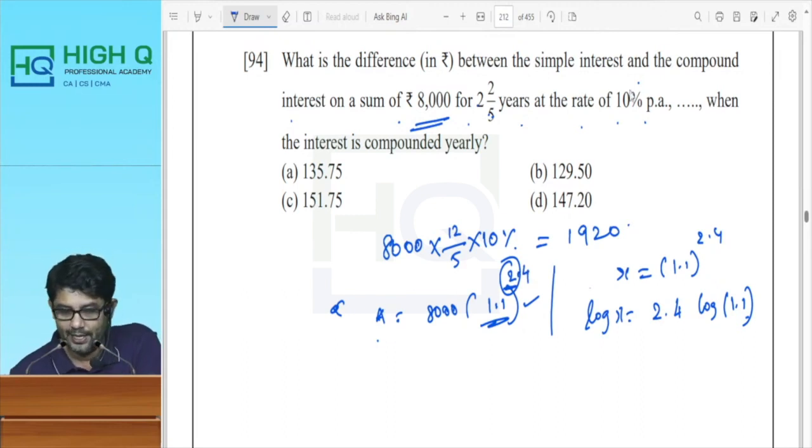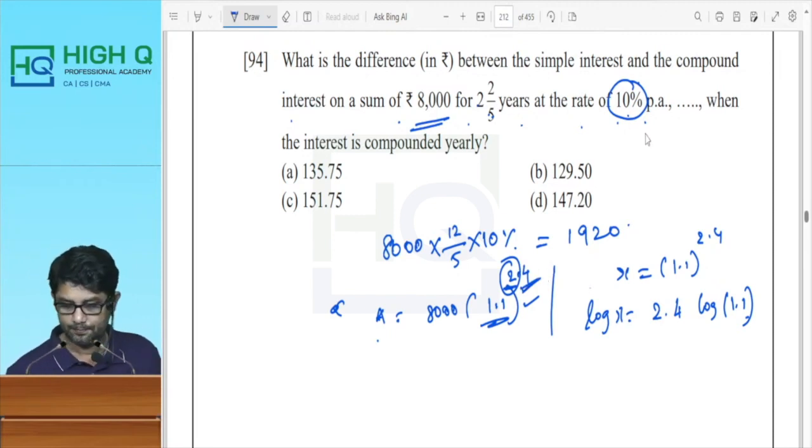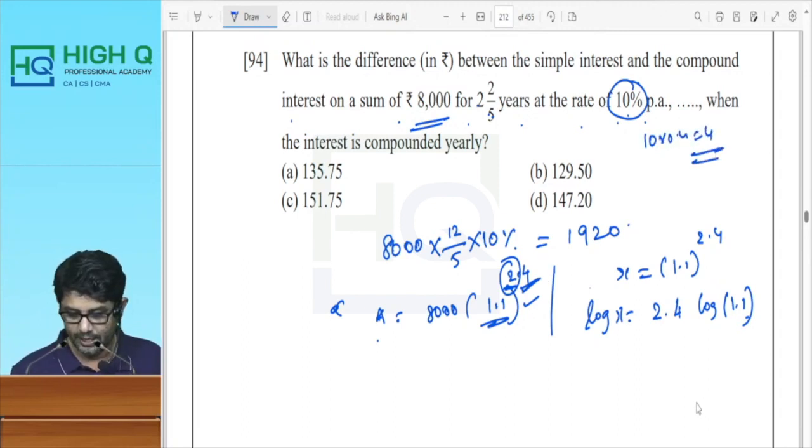So we can split the rate of interest. Not 10%, we can go for 0.4. 0.4 means we can take it as 4%. 10 into 0.4 is equal to 4%. So we can take 4% and do it, my dear.